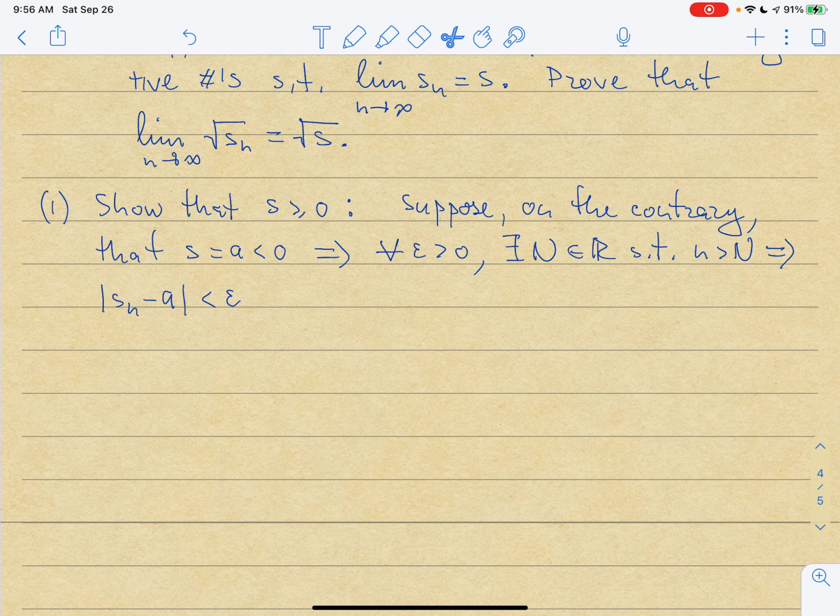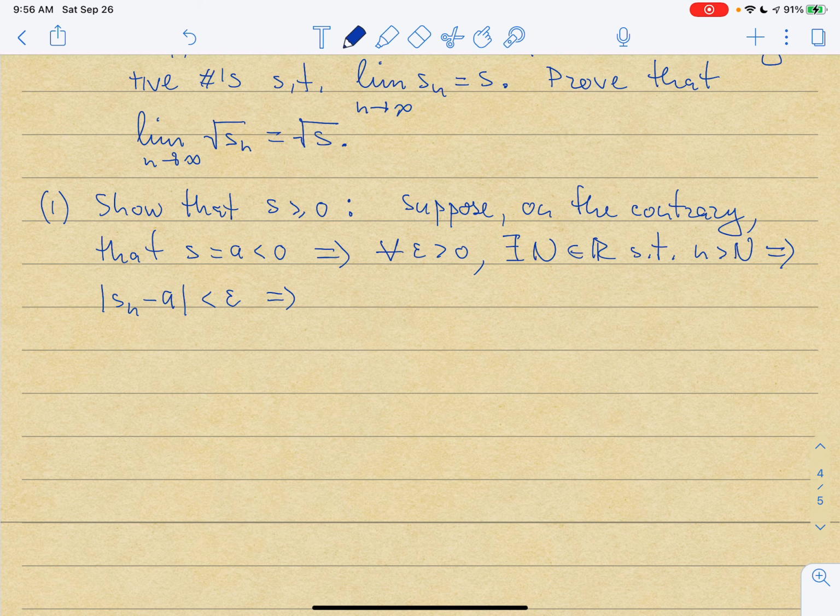So if I drop Sn out of the picture, and I just take the absolute value of minus A, that is going to be less than the absolute value of Sn minus A, right?